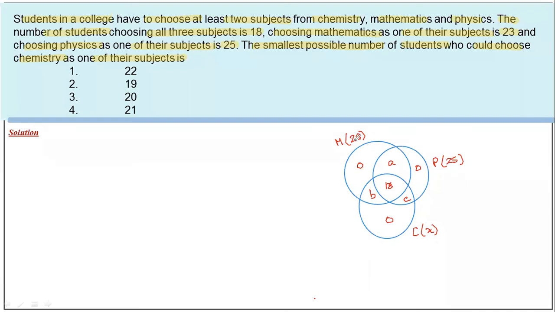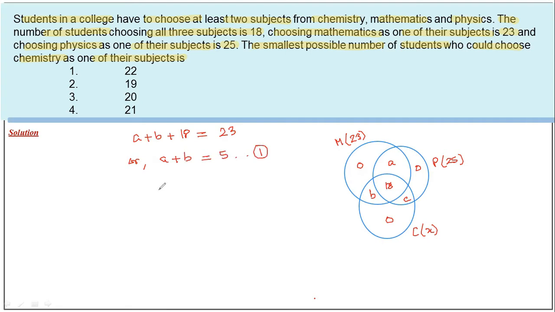Okay, so in this Venn diagram, we have mathematics as 23, physics as 25, chemistry as x, all 3 as 18, and it is given that since students have to choose at least 2, so only one would be 0, and these are a, b, c. So what we have is a plus b plus 18, that is equal to 23, or a plus b equal to 5.